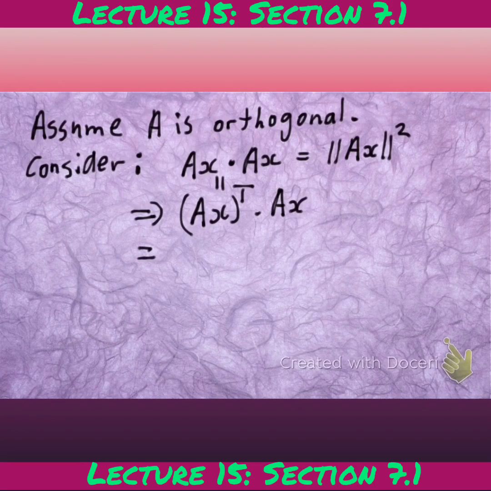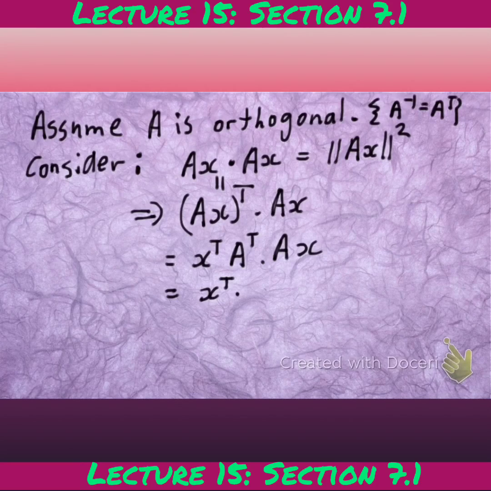That's going to be equal to X transpose A's transpose multiplied by AX, and we know that A is orthogonal, so A's inverse is its transpose. So that's X transpose times X, and that is going to be the norm of the vector X squared.